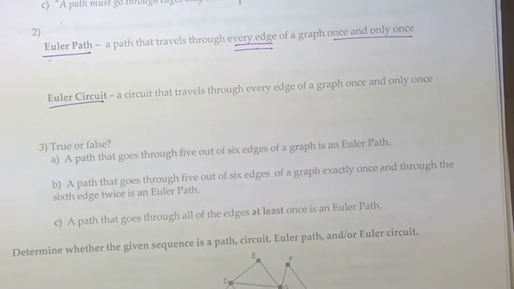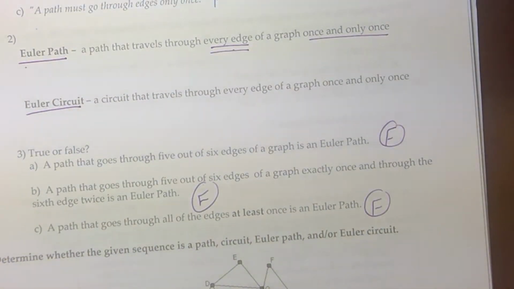True or false? Go ahead and answer these 3 questions about Euler paths as either true or false, based on the definition we just gave. Remember our definition defined an Euler path as a path that travels every edge exactly one time.